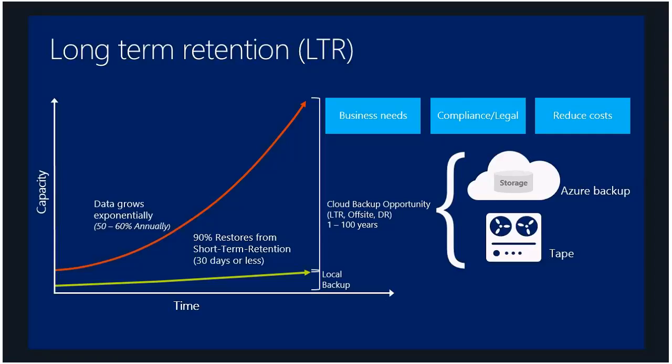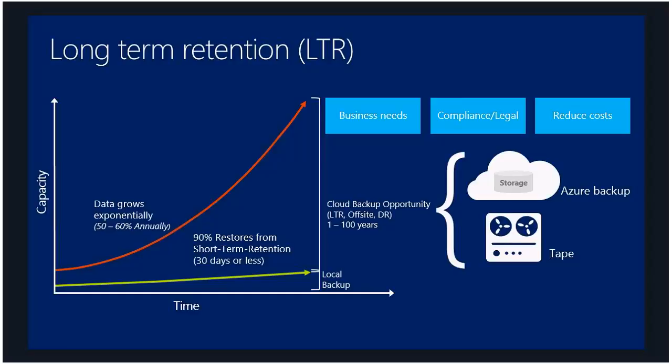So what do we get out of Azure Backup? Well, it gives us long-term retention. So think of it as a replacement for your tape storage. Some industries have specific requirements for data retention, like healthcare, legal, and manufacturing. And Azure Backup has a retention period of up to 99 years.